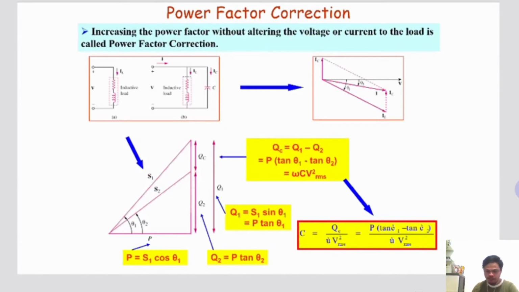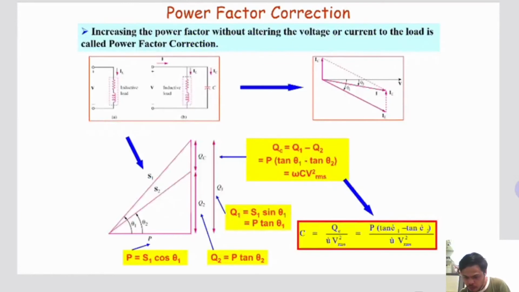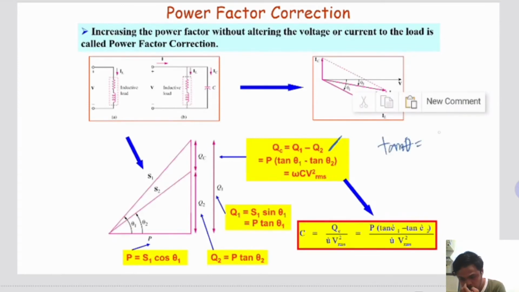And from that figure, we can formulate some equation. So for the reactive power of the capacitor, you have Q1 minus Q2. And this Q1 is actually determined using the function tangent theta is equal to opposite over adjacent.